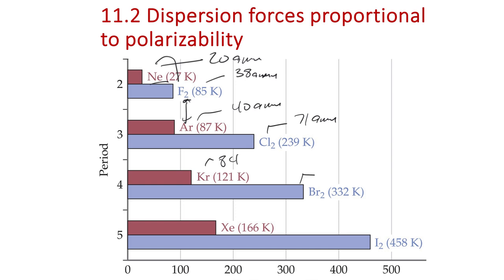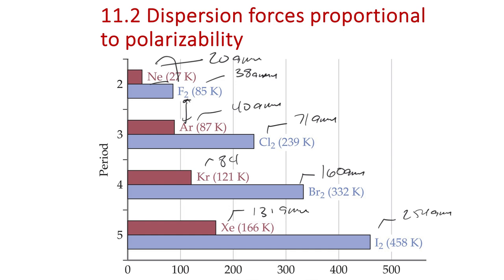And bromine is 80 times 2, so that's about 160 AMU. And then 131 for xenon. And then I2 is 127 times 2, which is 254 AMU.